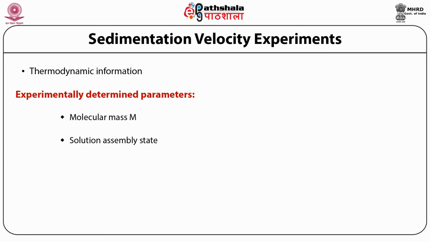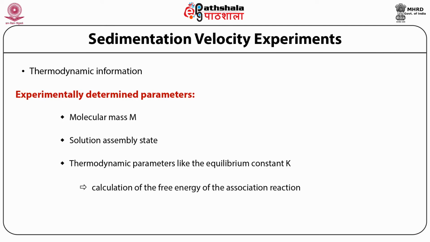It is used for the measurement of thermodynamic properties such as the equilibrium constant and the calculation of free energy of the dissociation reaction, and at the same time association also. So this technique is based mainly on the thermodynamic properties of the molecule, as the sedimentation velocity experiment is for the hydrodynamic properties of the molecule.